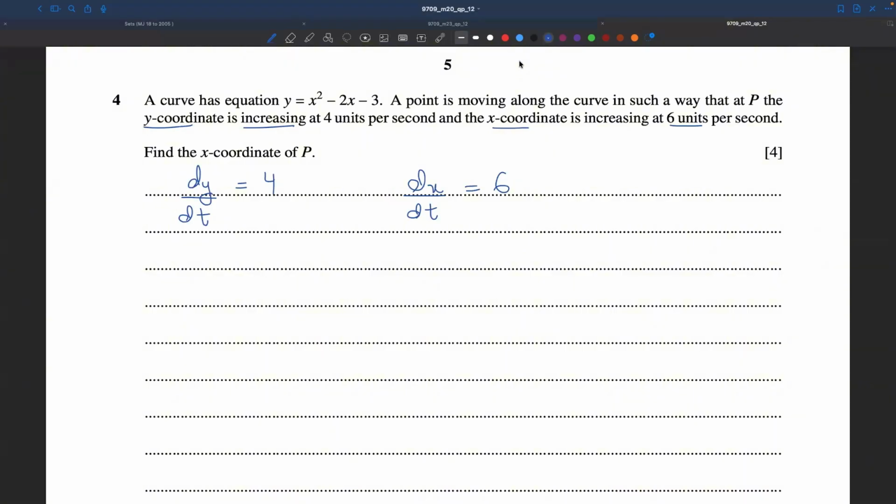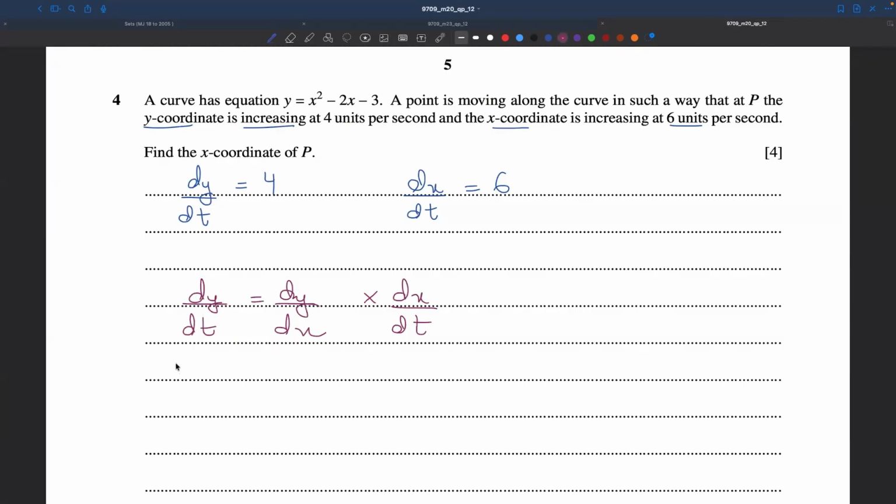Now, what we know is that dy by dt is equal to dy by dx multiplied by dx by dt, right?